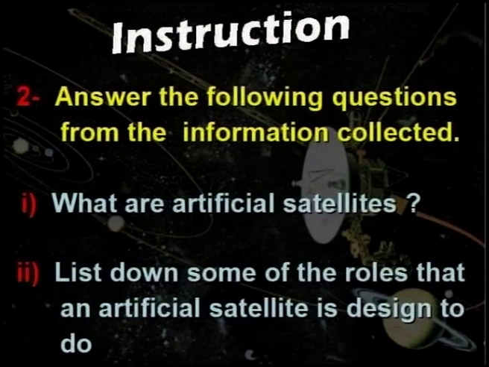The next question: list down some of the roles that an artificial satellite is designed to do. We will have Alan, Lisa, Begley, Emmanuel. They are going to be listing down some of those roles.